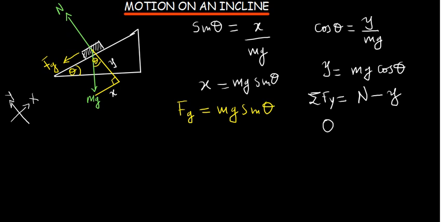Net force is mass times acceleration, and that is normal force minus y. Substituting y as mg cos theta and making the normal force the subject of the formula, the normal force on an incline is given by mg cos theta.